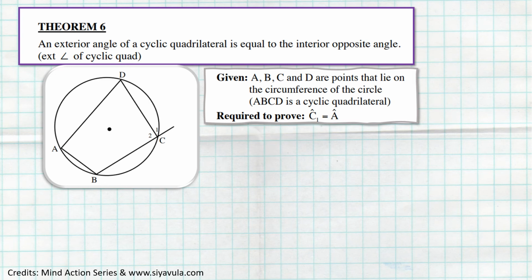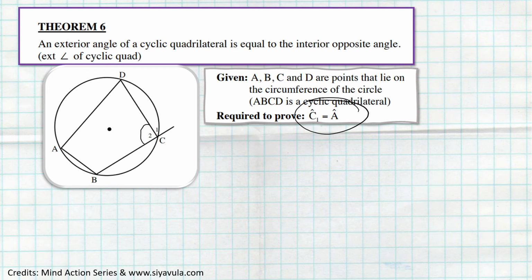If you're given that ABCD are the points that lie on the circumference, we know that ABCD is a cyclic quad, right? So we are required to prove that angle C1 is equal to angle A, right? So we want to prove that angle C1 is equal to angle what? Angle A. In order to prove theorem number 6, you actually use theorem number 5, right? What do we know from theorem number 5?